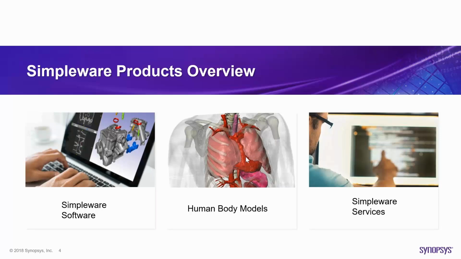Our product line, to keep this very short and simple, is our software. We also do human body models, and then we have our services, and those services can range from run-of-the-mill one-off projects to full-blown customized solutions that can automate your processes for you.